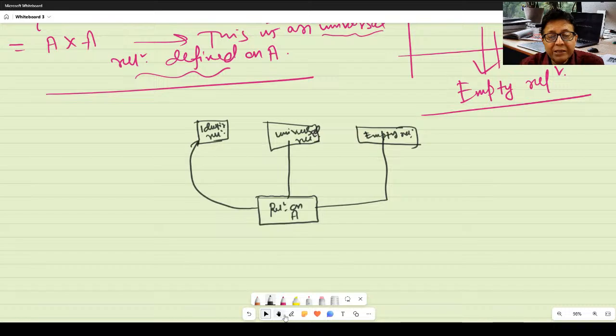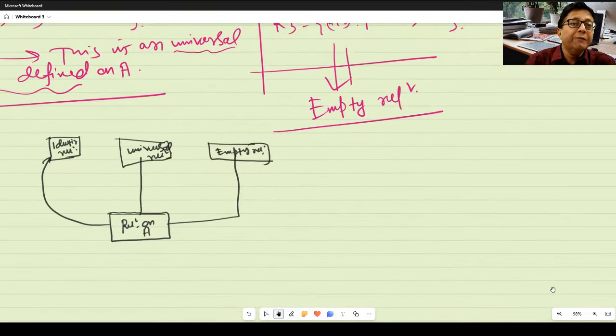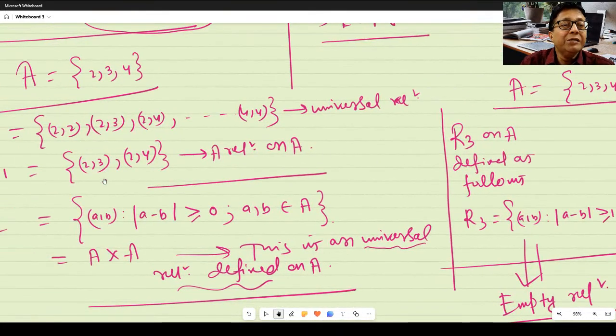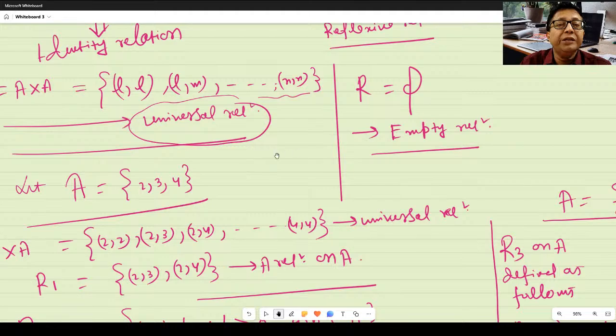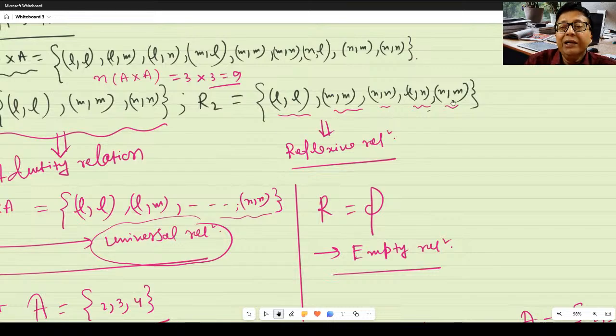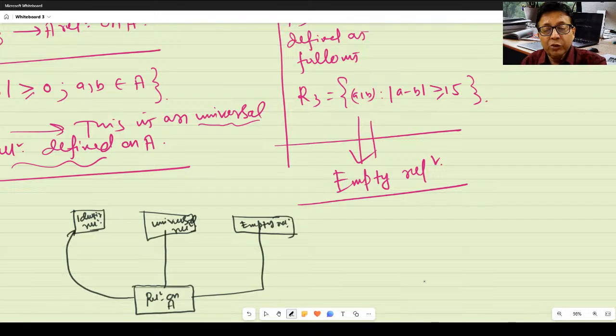What is an identity relation? Let me write the formal definition. Here I have explained what that is. Elements will be of this form only: LL, MM, NN. This structure. Okay? But LN and NM should not be there.